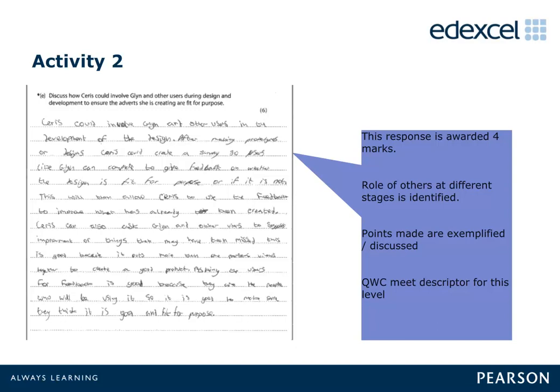The candidate provides some examples and discussion of the points that they make. The quality of the content and discussion place the response at the top of mark band 2, 4 marks. The QWC meets the descriptor for this level, so no adjustment needs to be made. A final mark of 4 is awarded.